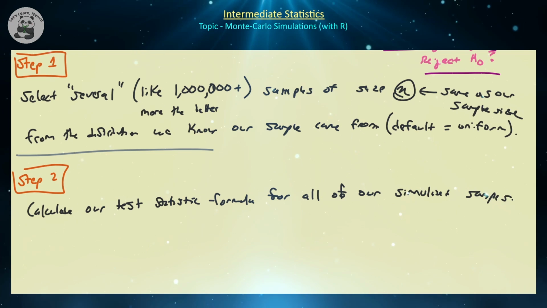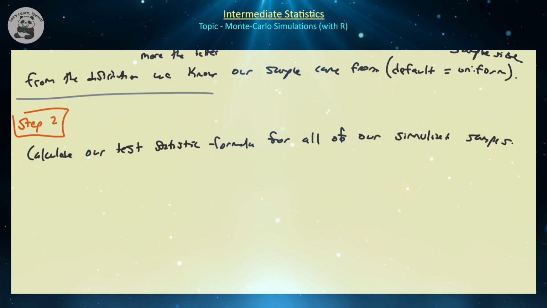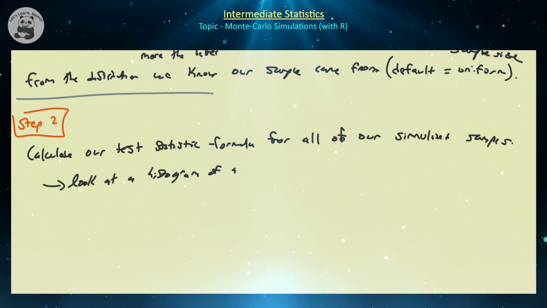So we have our test statistic that we originally started with, our 3.26, and now we're going to have 1 million plus new test statistics associated to each of those 1 million plus samples that we drew from our potentially uniform distribution. And then once you have all of your test statistics, you're going to probably look at a histogram of all of them.